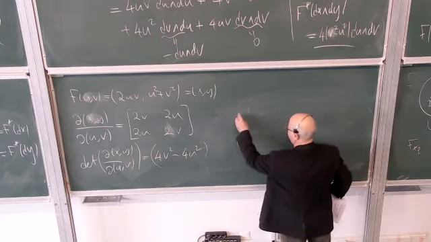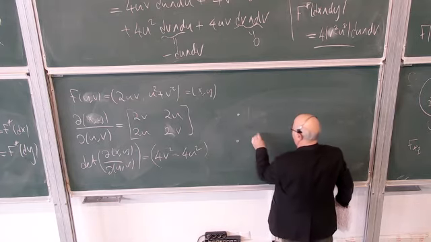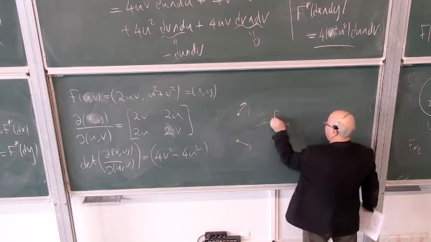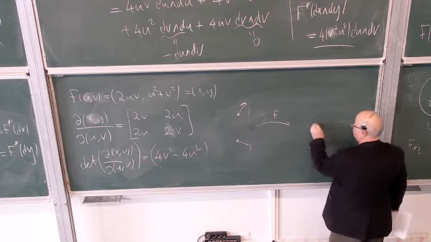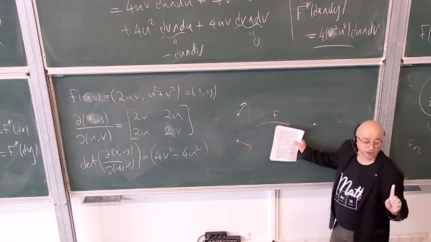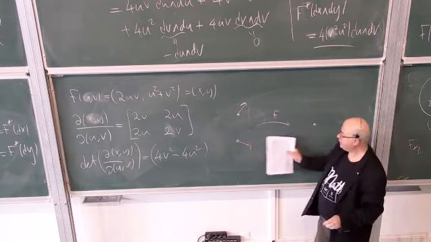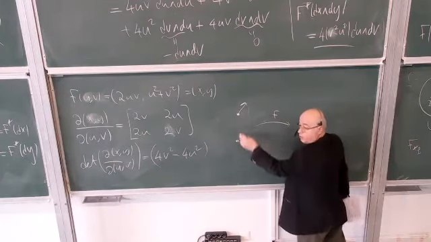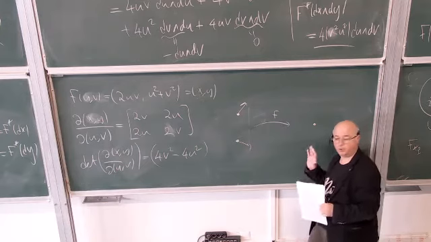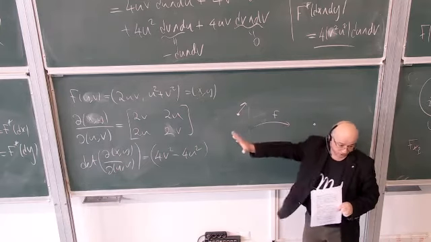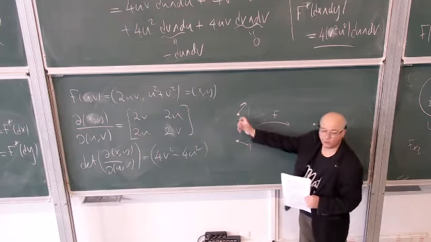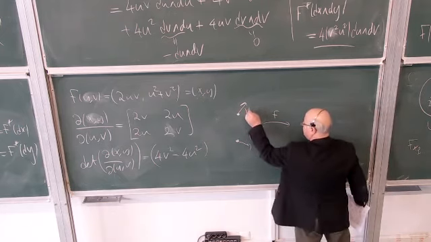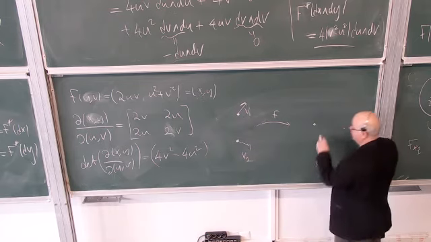So suppose you are at this point and at this point, and you have a vector here and a vector here, and your function takes these two points to the same point. This function doesn't have to be one-to-one. And if this is the case, will you take the image of this one or this one?